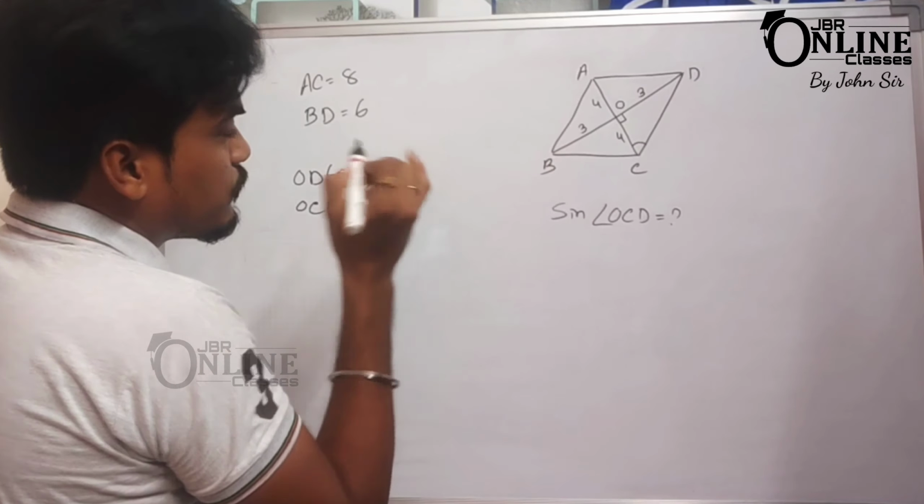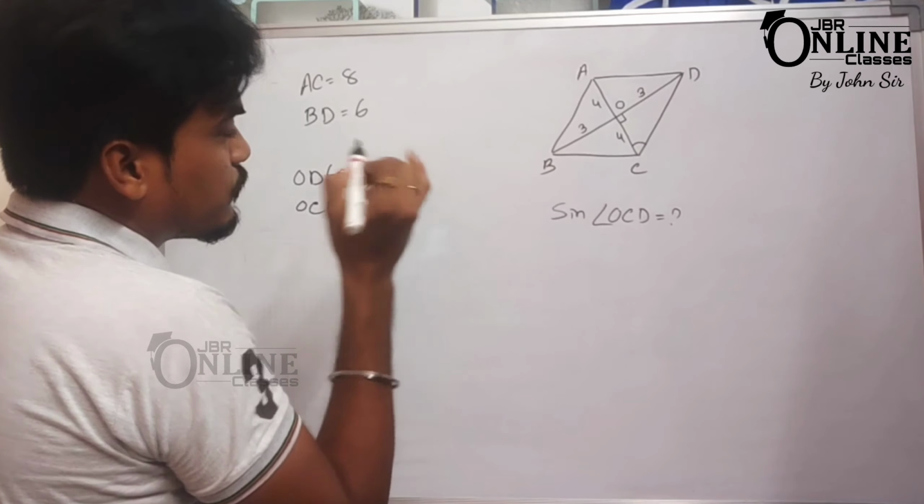Now we have to find out the hypotenuse, that means CD. By Pythagoras theorem, 16 plus 9 is 25, so root over 25 equal to 5. Now sine OCD means perpendicular by hypotenuse, so it equal to 3 by 5. So 3 by 5 is the answer.